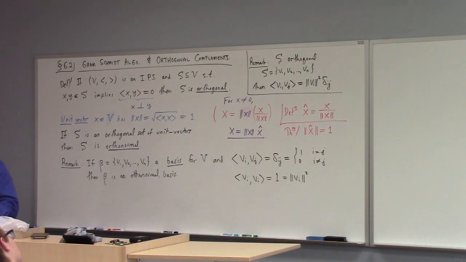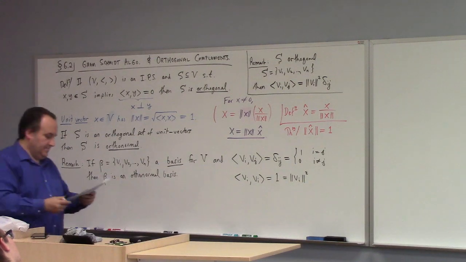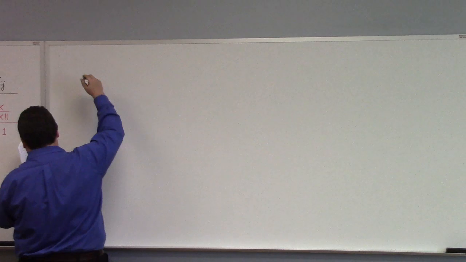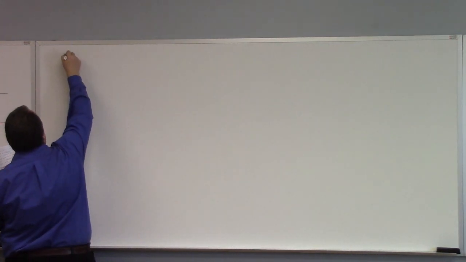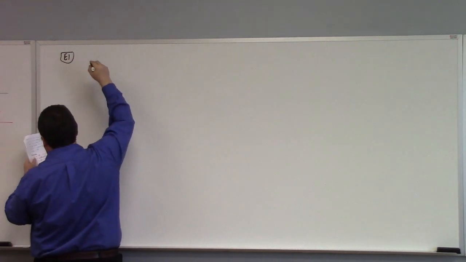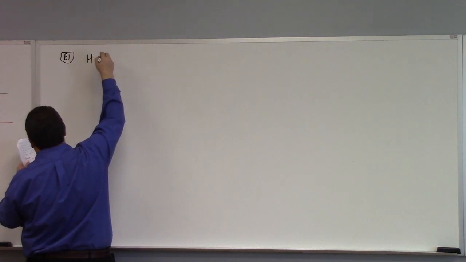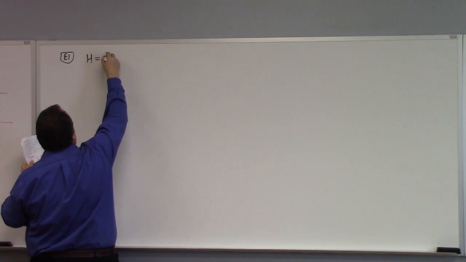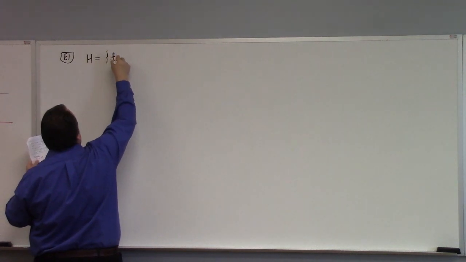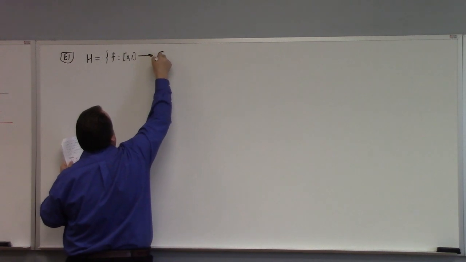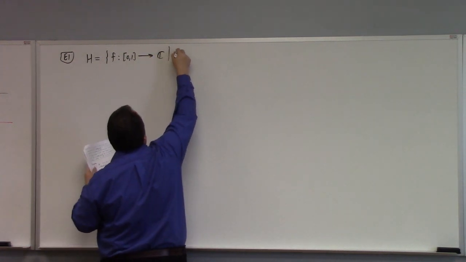Now, example 1. Remember this H space that we had, which was F mapping from [0, 1] to the complexes, such that F is continuous.